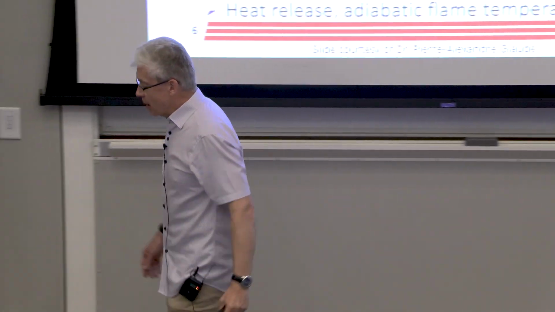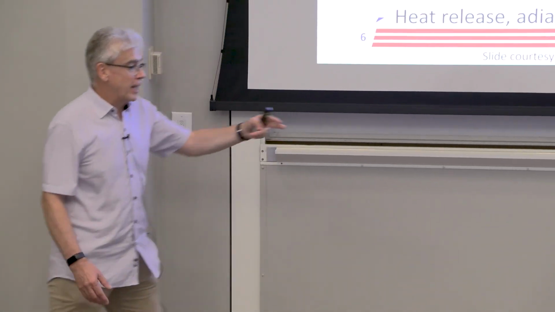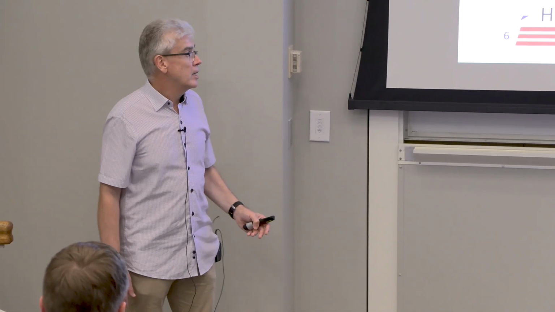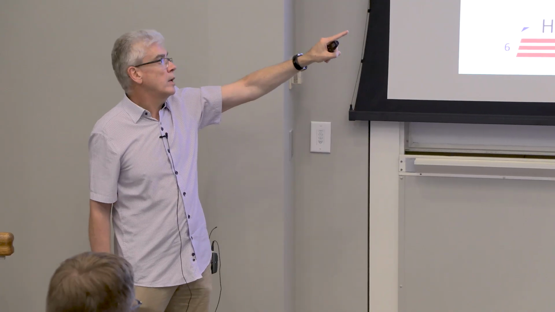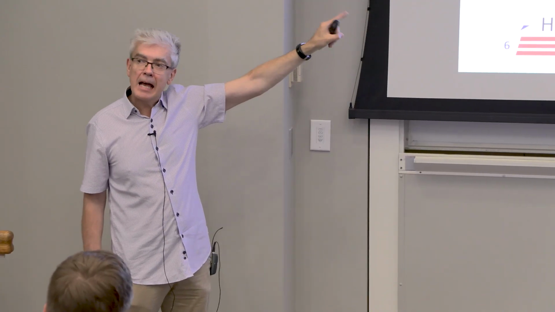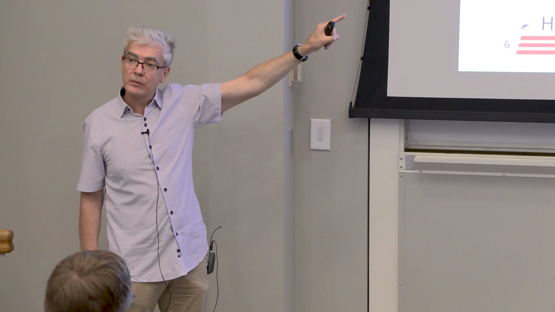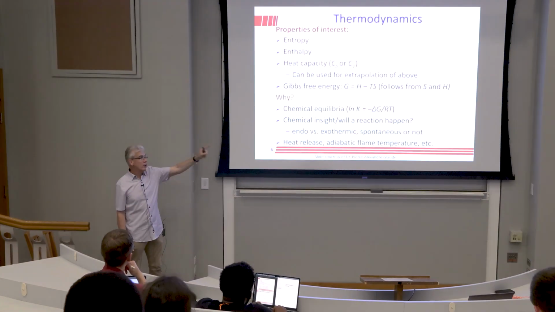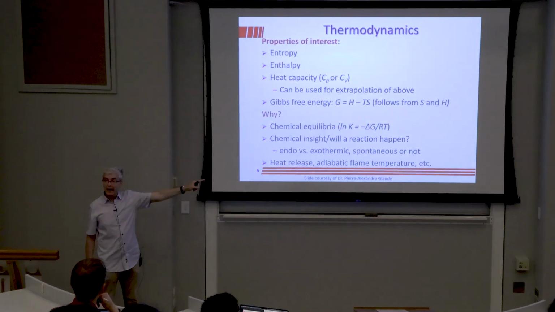But if I'm on this trajectory and I only want to go to the chair, then H is 0. It's flat, so H is 0, and then I have a minus T times S term. So the S term has to be positive if I'm spontaneously going to go from here to there.